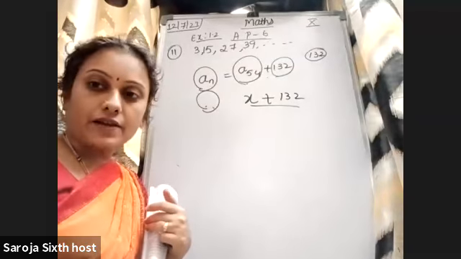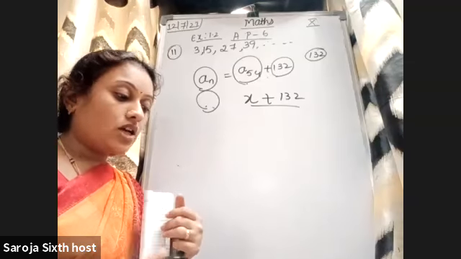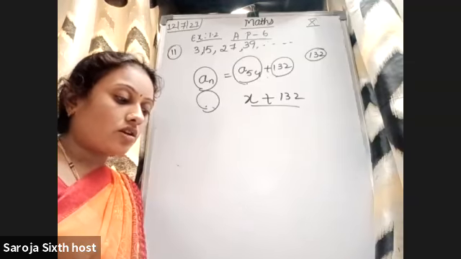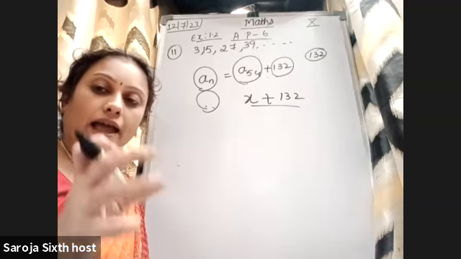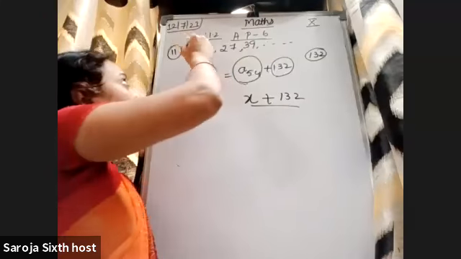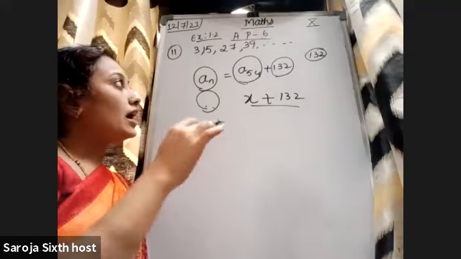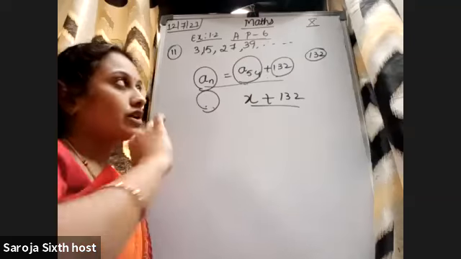Are you understanding? Okay. Then what should you calculate? By using this equation, you should find out the n value, because the AP is given. From there you can take the a value and d value, and here we have the equation.